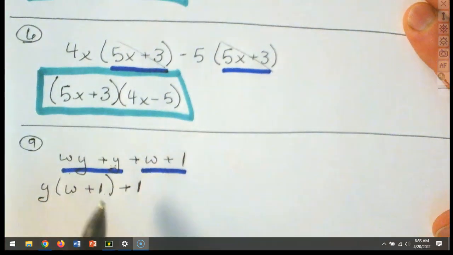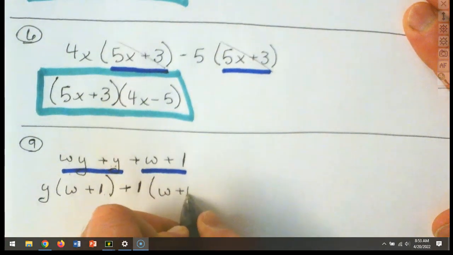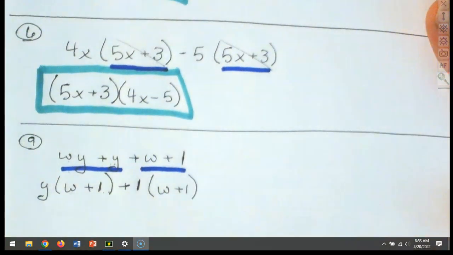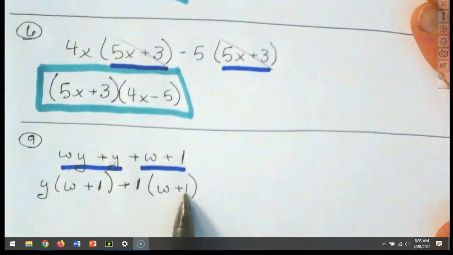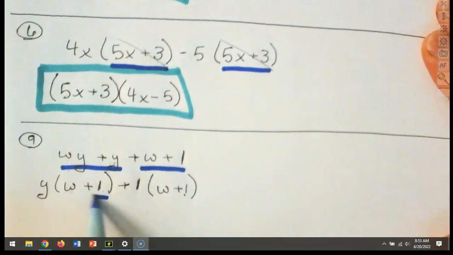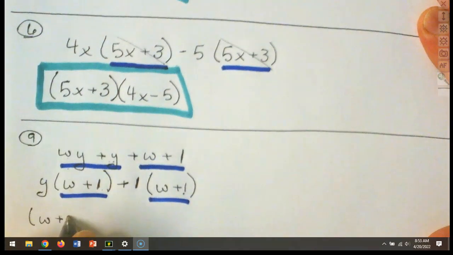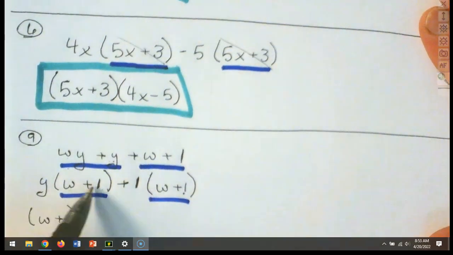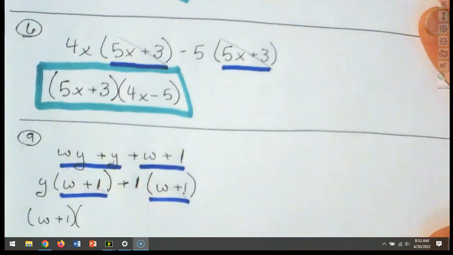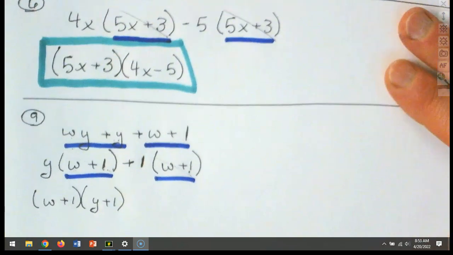And that's going to leave you with a w plus 1. And now, as you can see, they both have w plus 1s in common. So that w plus 1 can come out in front. And then what's left over? y plus 1, isn't it?